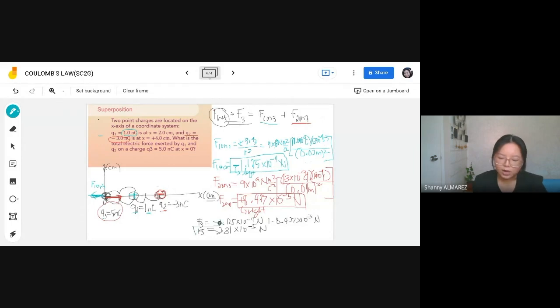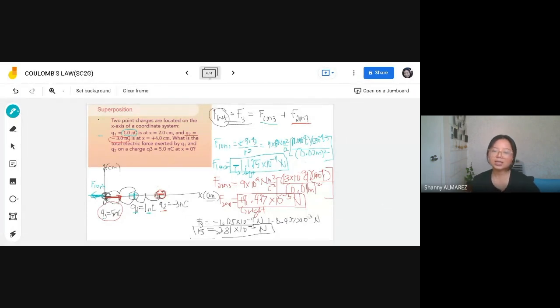From this answer, which do you think has a greater influence on Q3, Q1 or Q2? Our final answer is negative 2.81, which means the magnitude of the force is 2.81 and the direction is to the left. Therefore, which one gave a greater influence on Q3?